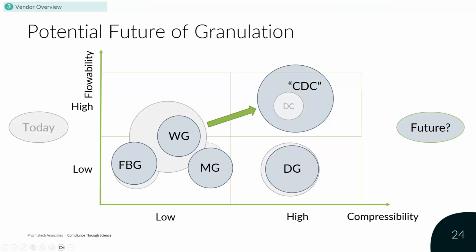This will remain a solution, and I think we will nonetheless see that this direct compression application will gain more and more market space as companies try to find their way into the simpler solid dosage processing part.